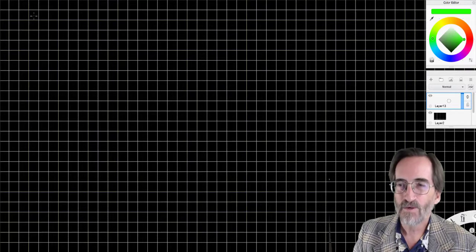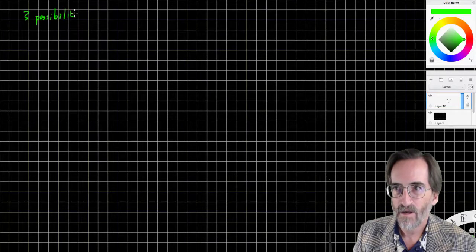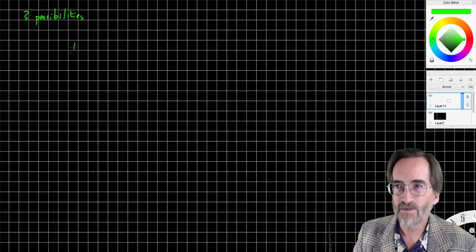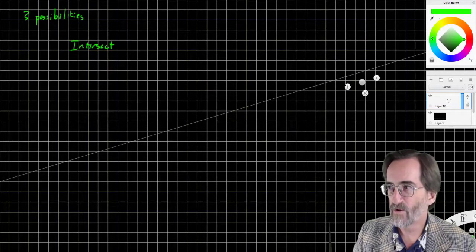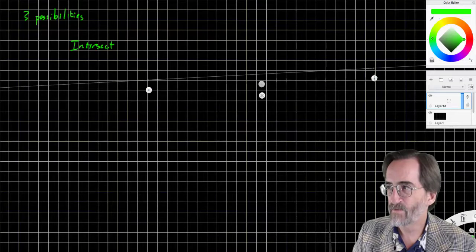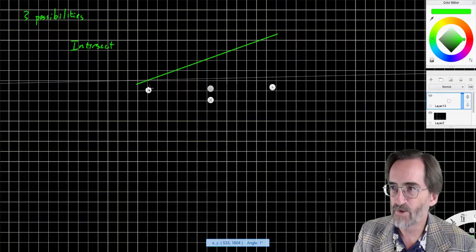All right, so there are three possibilities for lines and relationships between lines. Lines can intersect. That is, they can cross and have a common point shared between them.